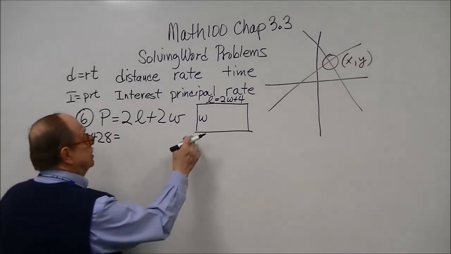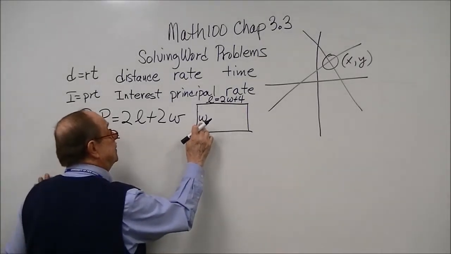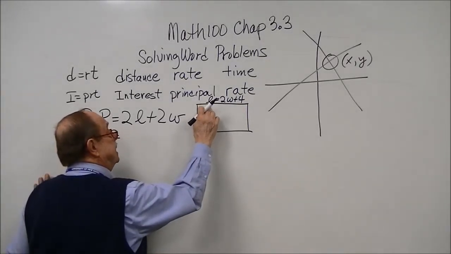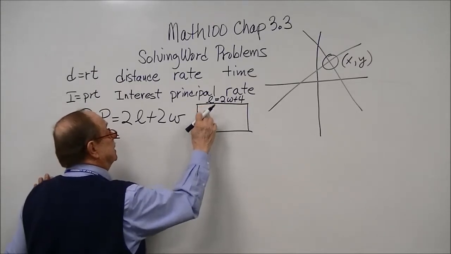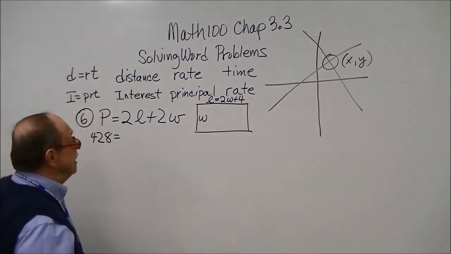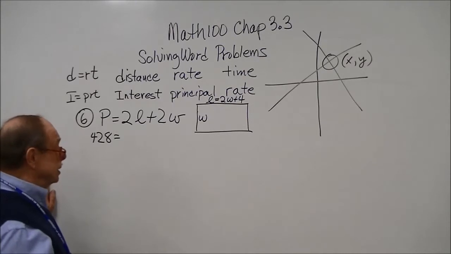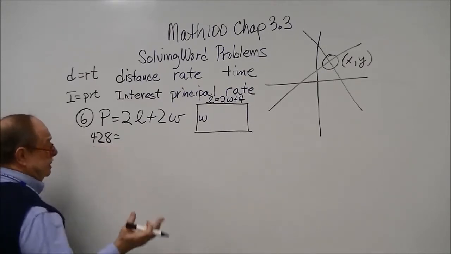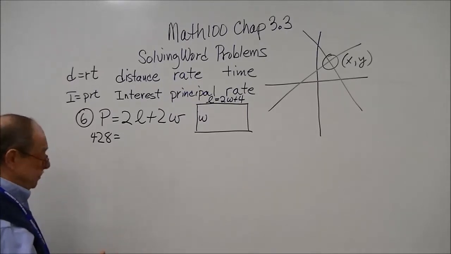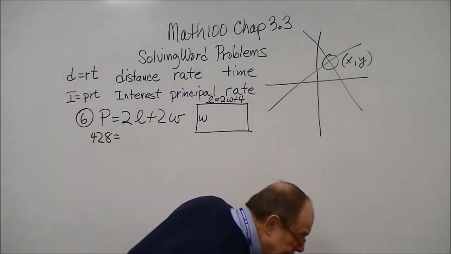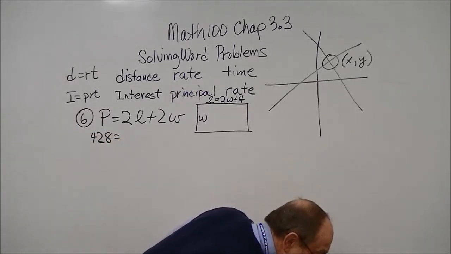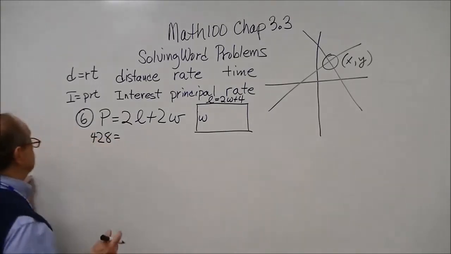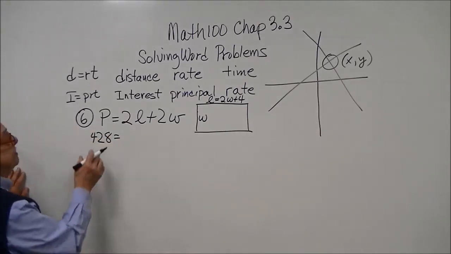Now we know the perimeter has a width and it has a length. Now as we read the problem, it says the total perimeter is 428 feet. Let me check that. Meters. All right, so it's in meters.